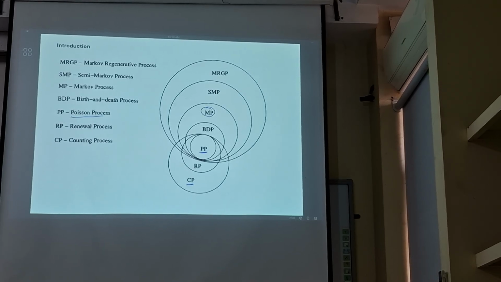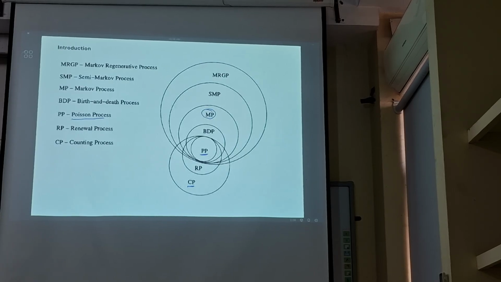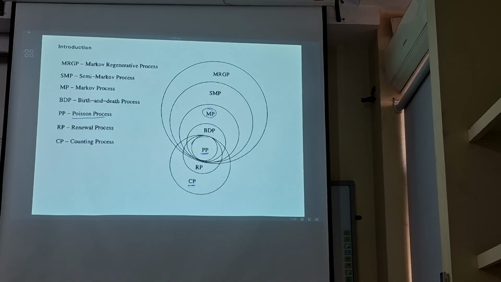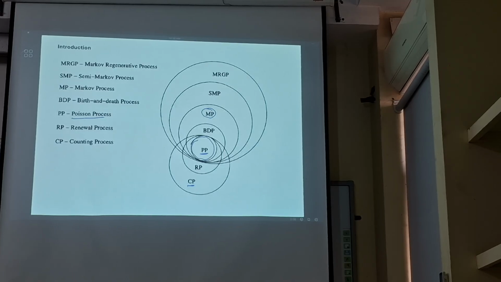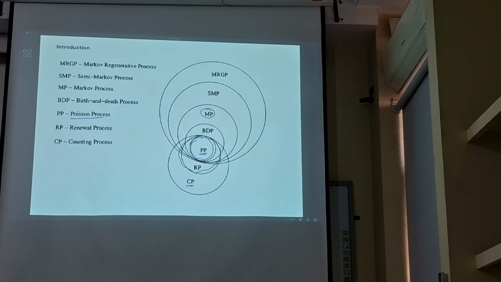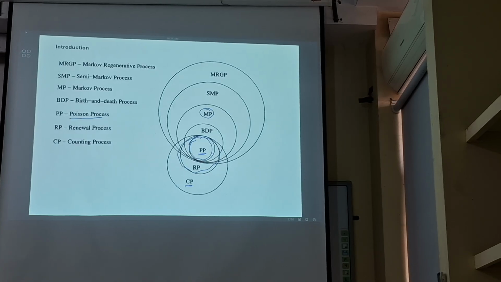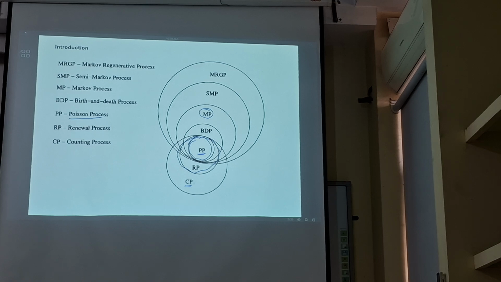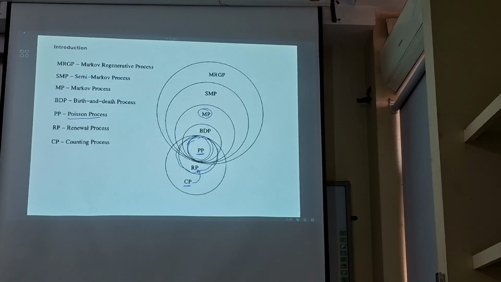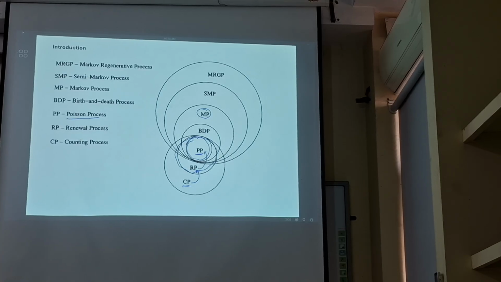We already have seen that a Poisson process is a continuous time process. So this small circle indicates the Poisson process, and this says that the renewal process is a special type of counting process, and on further specialization, a renewal process becomes a Poisson process.